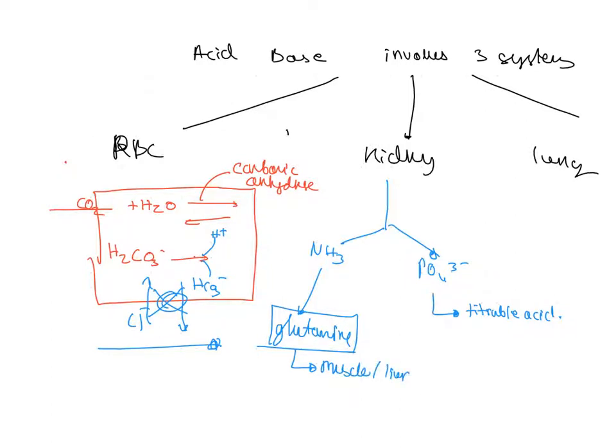Phosphate, on the other hand, is just variable to your phosphate diet. Then lung. The lung is involved in excreting volatile acids such as carbonic acid. So if we increase the respiration rate, we excrete more acid in the air.